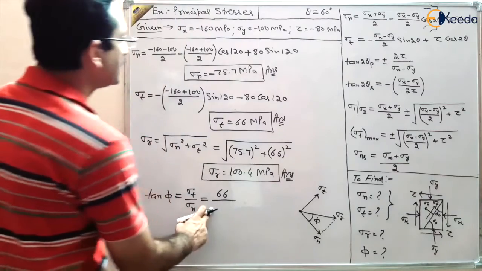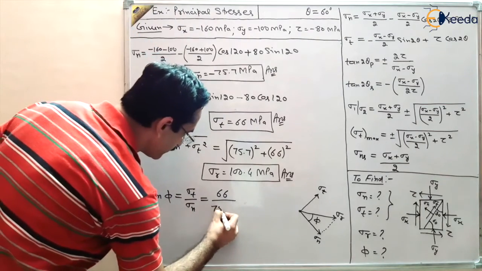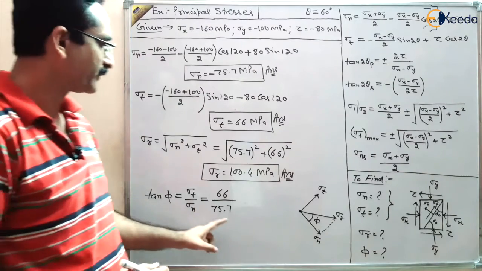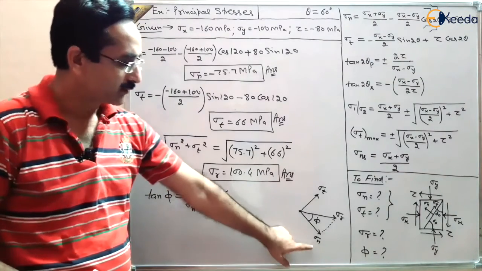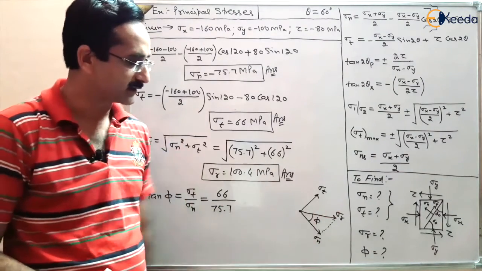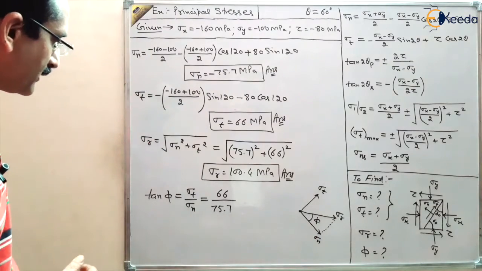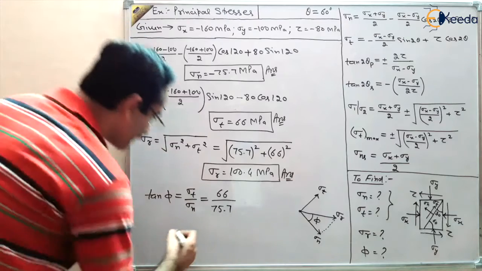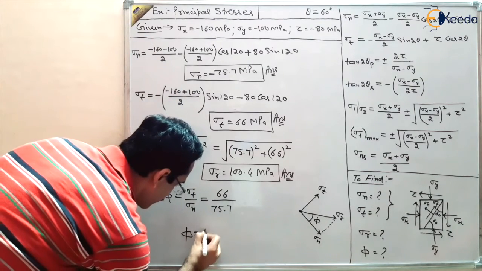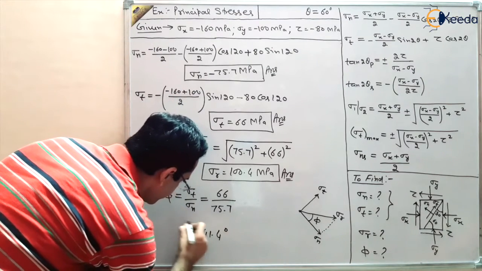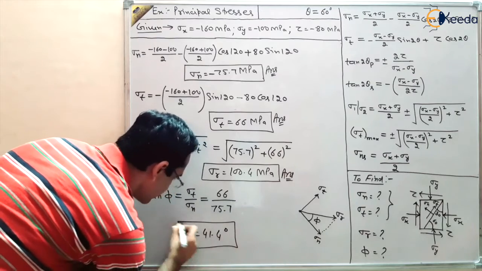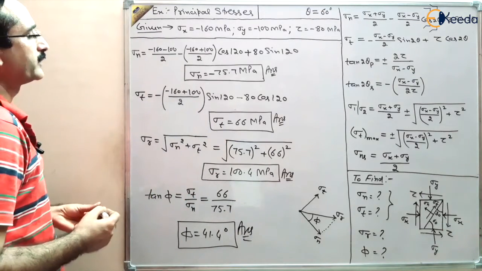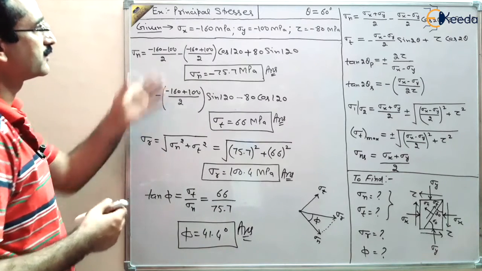This is the angle between normal stress and resultant stress, the inclination. Solve it and you will get the answer 41.4 degrees, by solving this stress element.